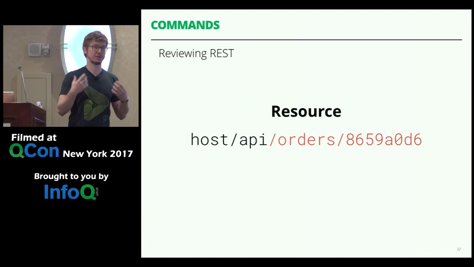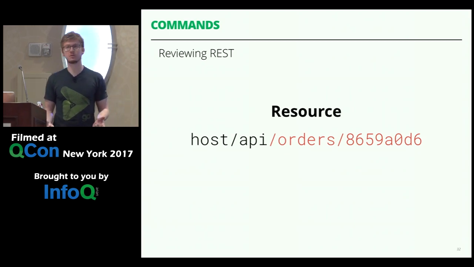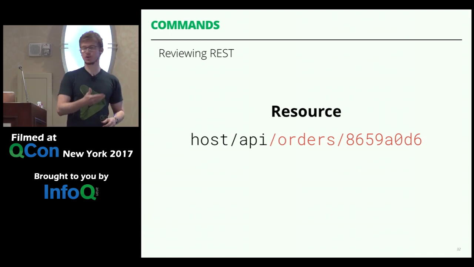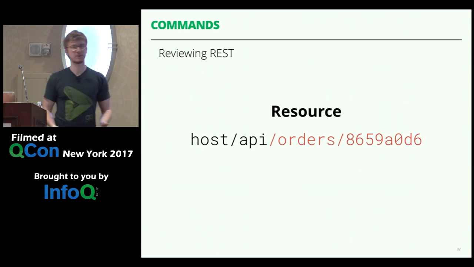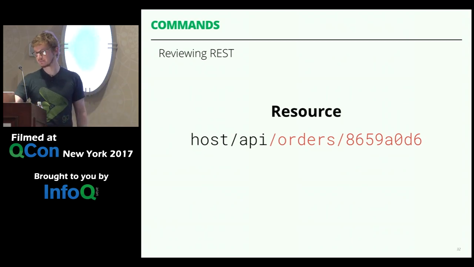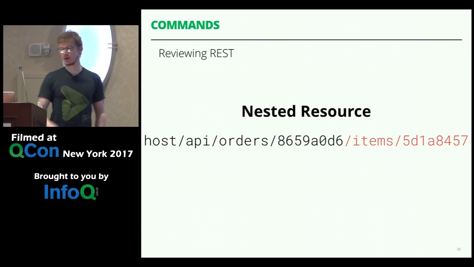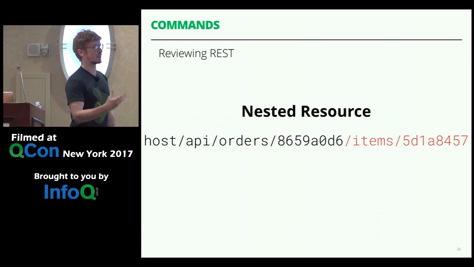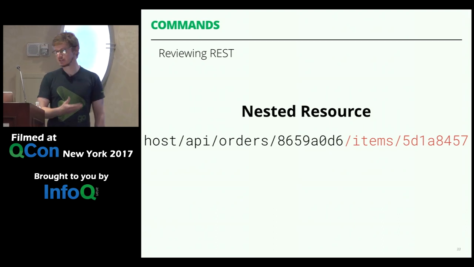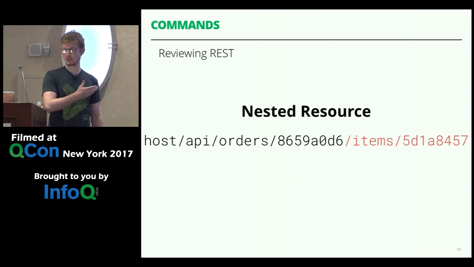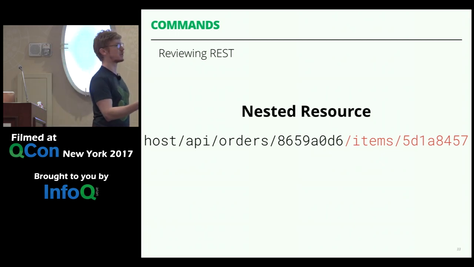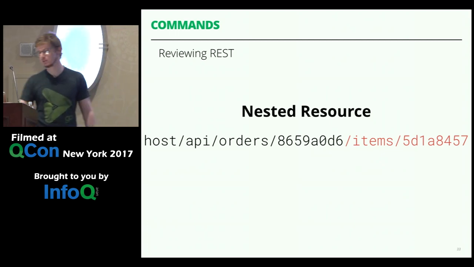We also have individual resources representing individual entities, like /order/ID would represent a single order. We also have nested resources, which are resources inside resources. In this example, we have /order/ID/item/ID. That's a particular item inside a single order.